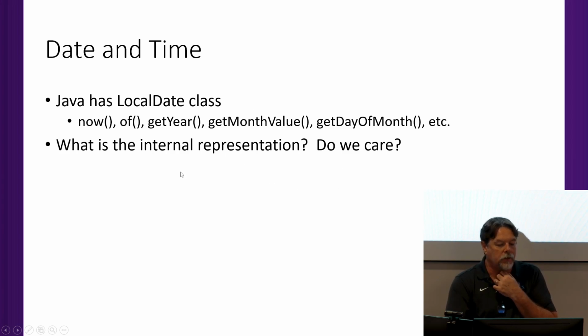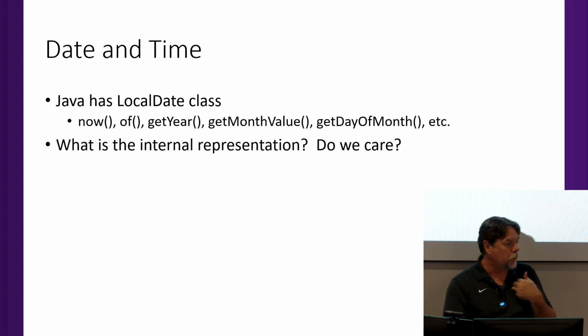It begs a question: what is the internal representation of the date inside the local date class, and whether we care or not. The cool thing is some other Java developer wrote that class and implemented all those getters and setters.